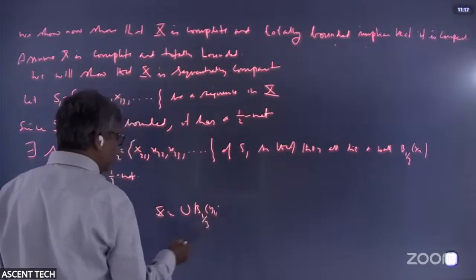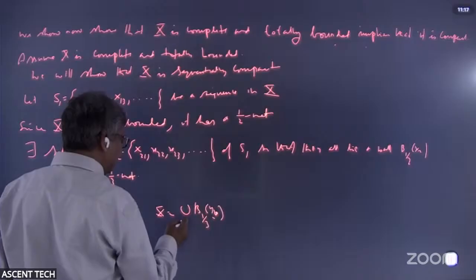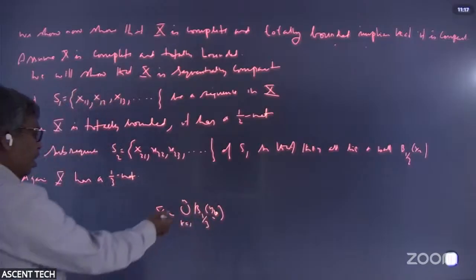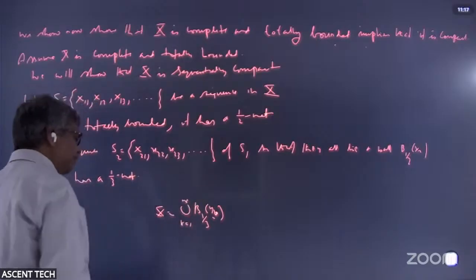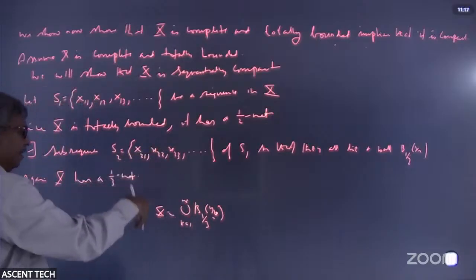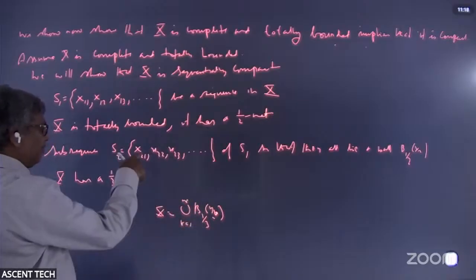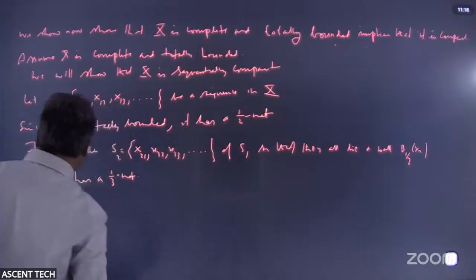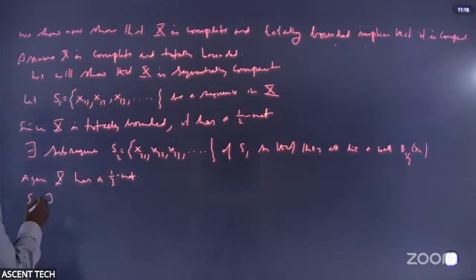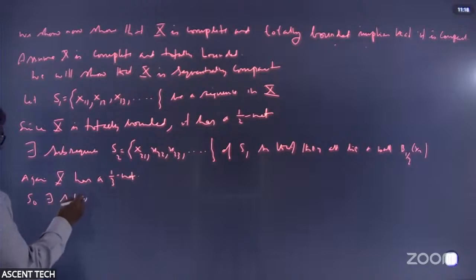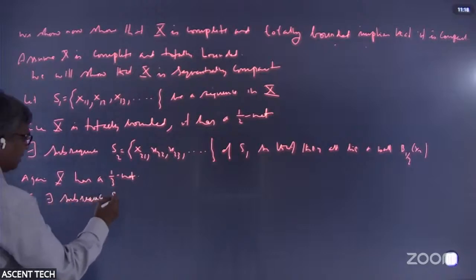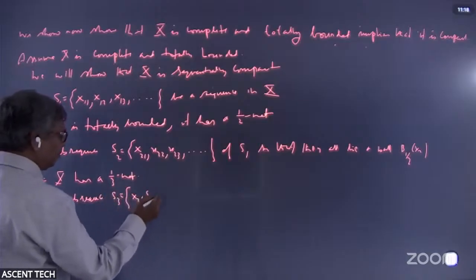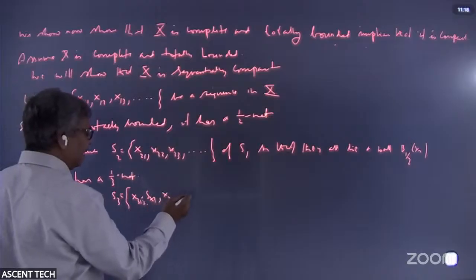Too many names are there. Why don't I use the same yk, k equal to 1 to N, some other yk. A ball centered at it, and maybe more of them, maybe some M, doesn't matter. And these infinitely many things should lie in this finite union, and therefore some subsequence will lie in one of them. Okay, so there exists a subsequence S3 consisting of X31, X32, X33, etc.